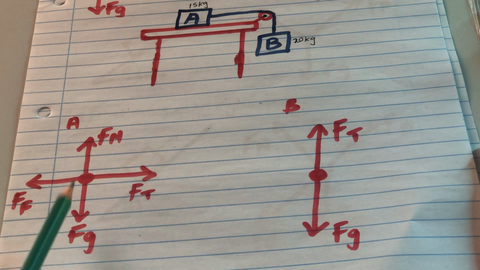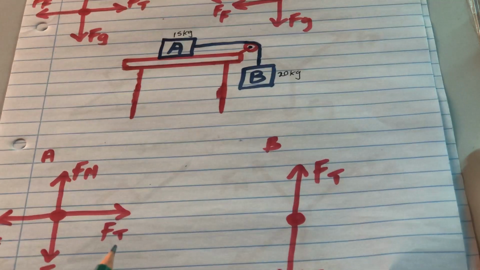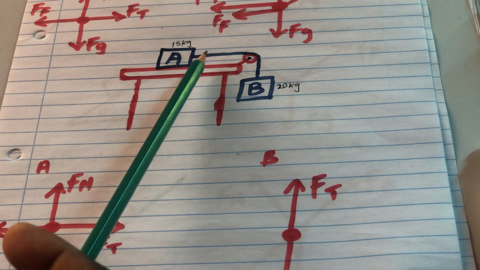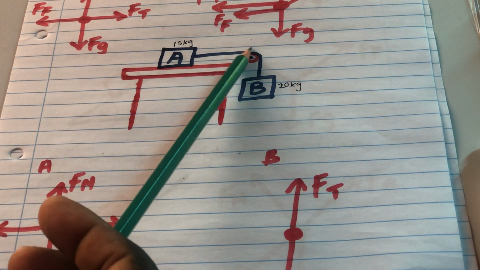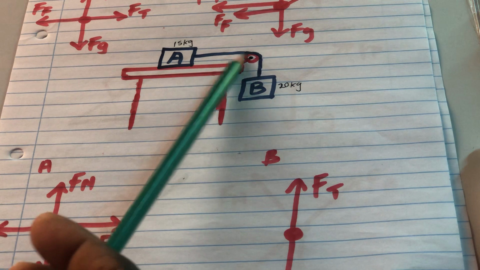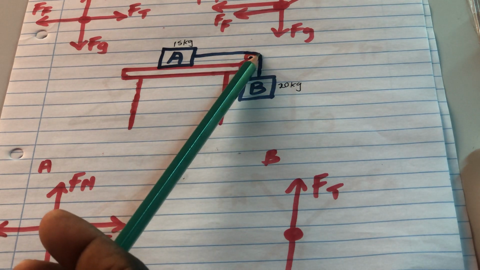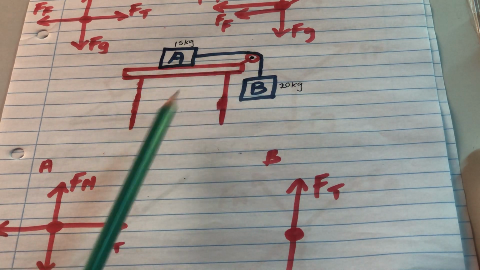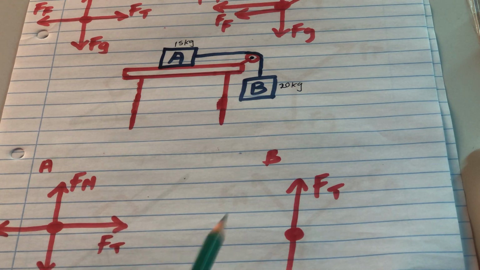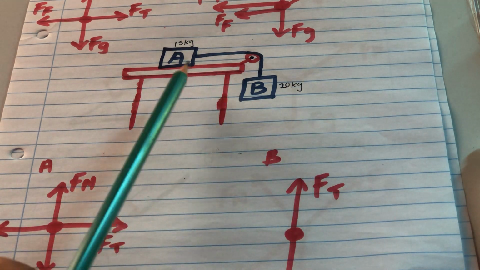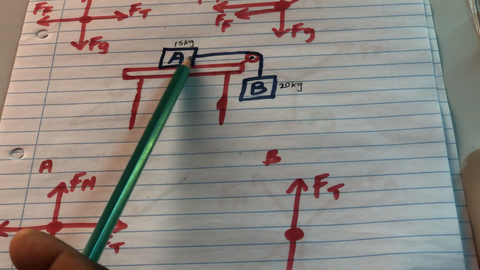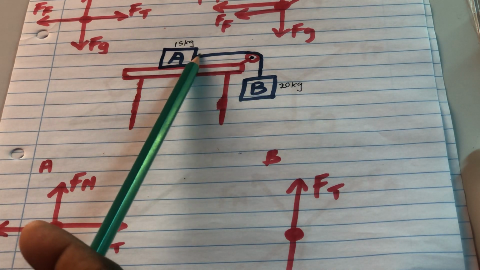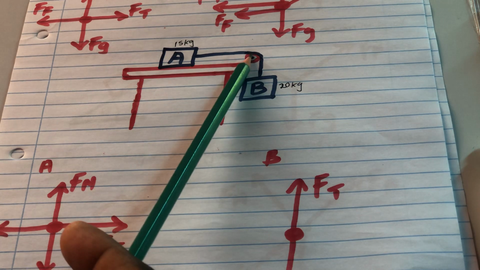F normal, then Fg. There is Ft. Remember, between A and B, there's a string and there's a tension here. There's tensional force here. So here, my Ft will point to the right. Remember, B is pulling A. So tension force will point to the right.